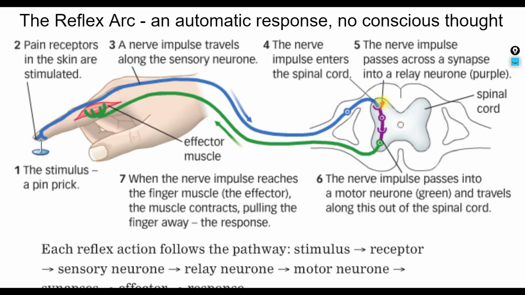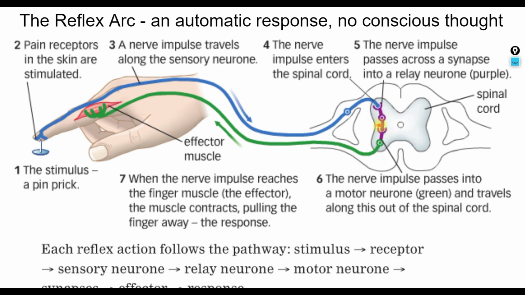There it passes the message across a synapse. So the electrical message doesn't go directly into the relay neuron. It's passed over using a synapse. It's actually a little gap where the electrical message is very briefly converted into a chemical message.